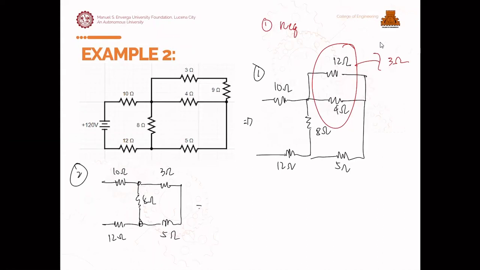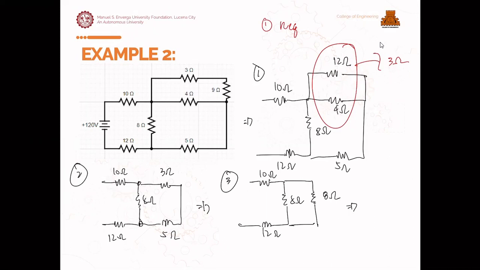Okay, next, pangatlo natin is, combine natin yung series. Okay. So, pag kinombine nyo, magiging 8 ohms lang. 8 ohms, 12 ohms, and 10 ohms. Okay.